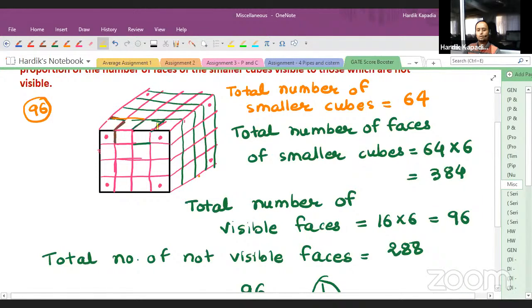How? For this cube, we are having 3 faces: 1, this 2, and this 3. Now, if we remove this like this, now we have removed it and it is like this. So the cube is removed.